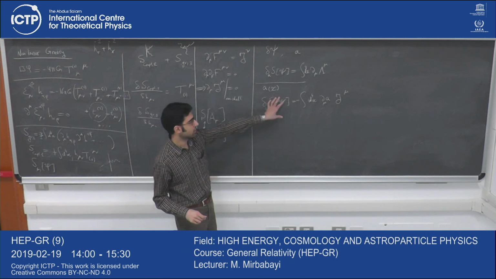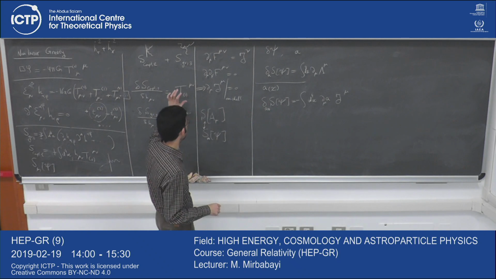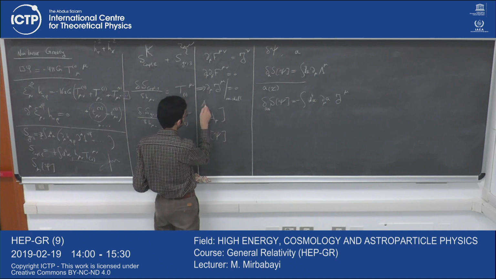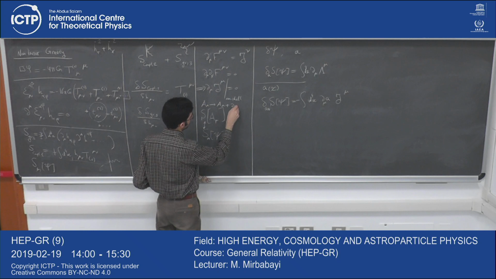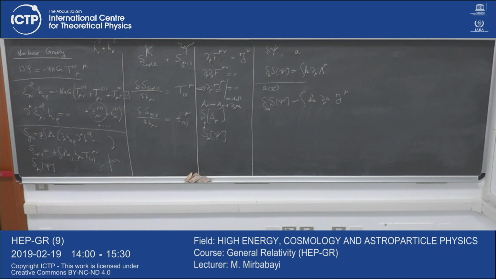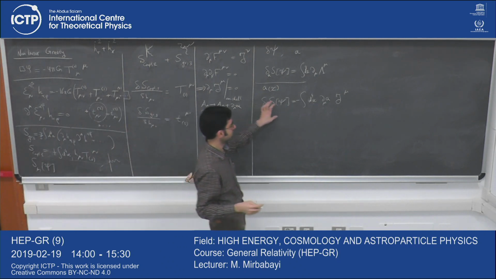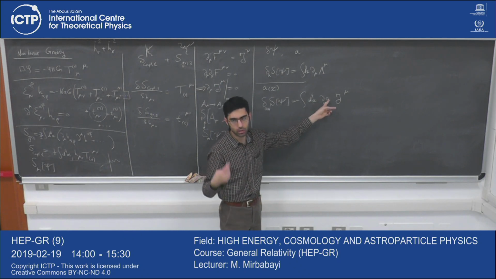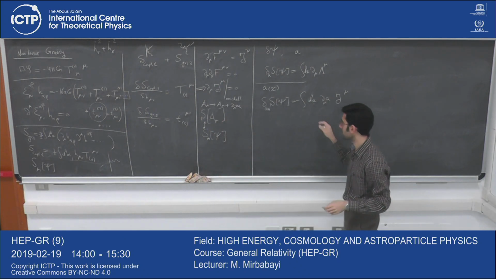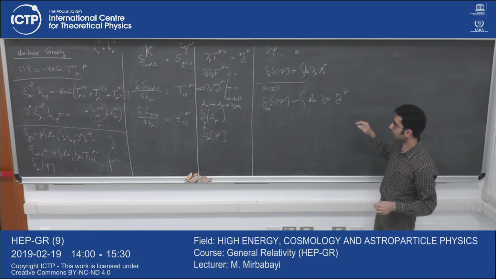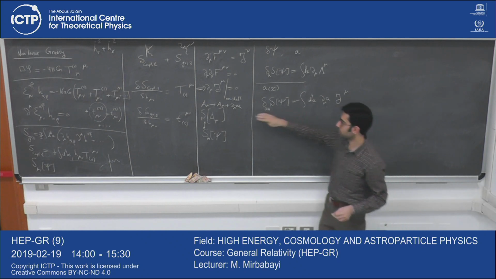Now, if we have a situation like that, on the other hand, we said that we want to impose a symmetry, A mu going to A mu plus d mu of some alpha. Now, if we had a matter action with this symmetry, whose symmetry parameter is just a constant, a single variable, then we can couple these two systems.